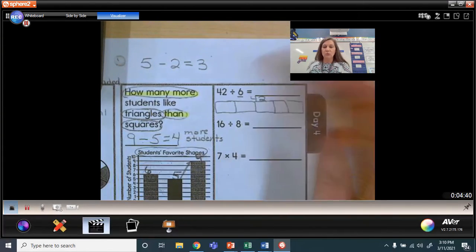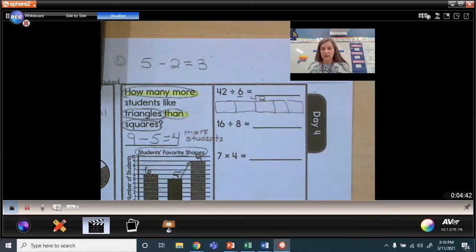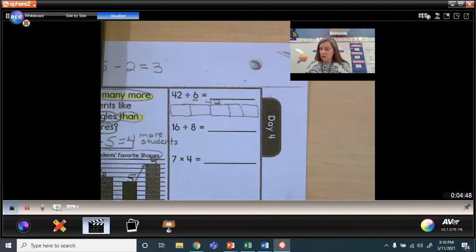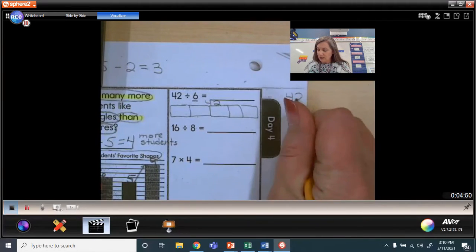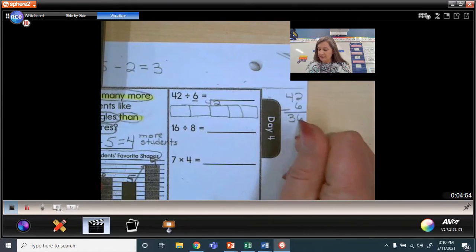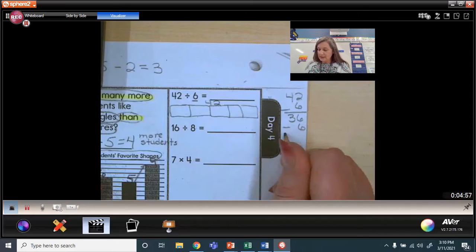Now, you could do a couple of different things. There's lots of strategies that we've used. You could use repeated subtraction, right? You could start with 42 and take 6 away, and that would give you 36. Subtract 6 again, that would give you 30.